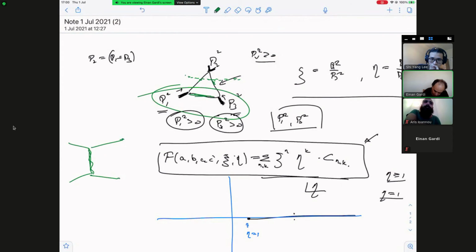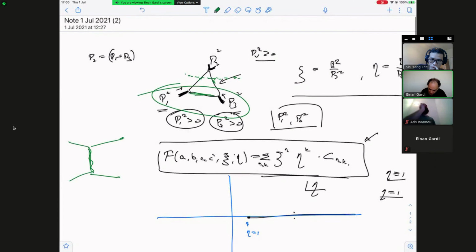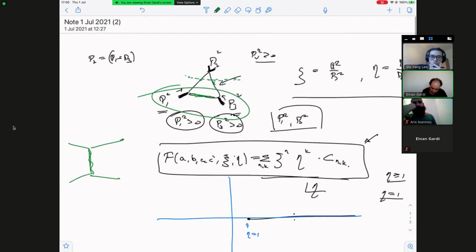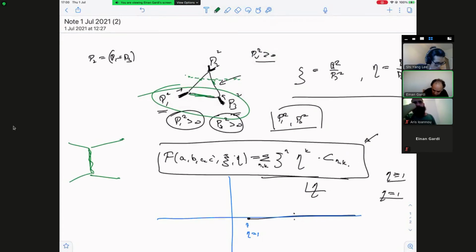So they can be on shell, and it doesn't violate any momentum conservation or on shell conditions. So kinematically, this is allowed that this would be a final state, right? So I would expect that if these are time-like momenta, there would be a discontinuity because this diagram would have an imaginary part.